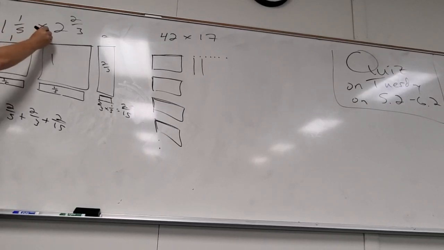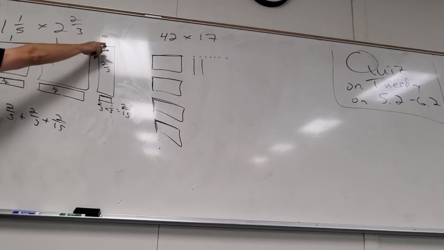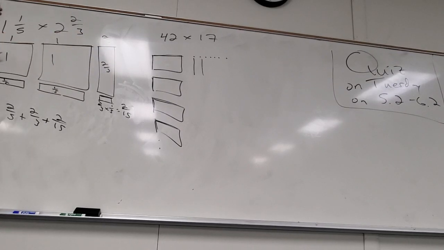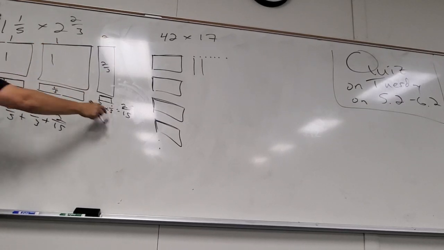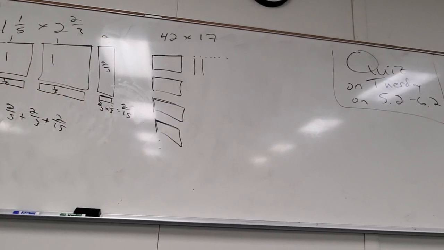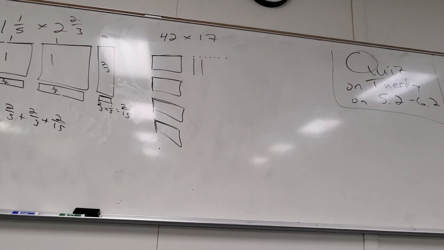Here is 1 and 1, that's 2, and 2/3. So 1 times 1 is 1, 1 times 1 is 1, 2/3 times 1 is 2/3, 1 times 1/5, 1 times 1/5, 2/3 times 1/5 is going to be that little tiny dude. All very exciting. And now if I add those together, I should get the right answer.